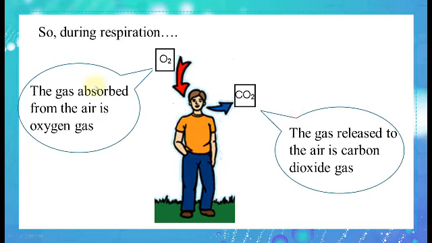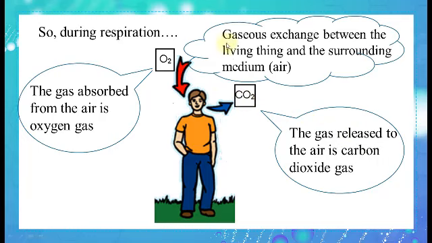This process of absorbing oxygen from the air and releasing carbon dioxide to the air is called gaseous exchange. Gaseous exchange between the living thing and the surrounding medium, which is the air.